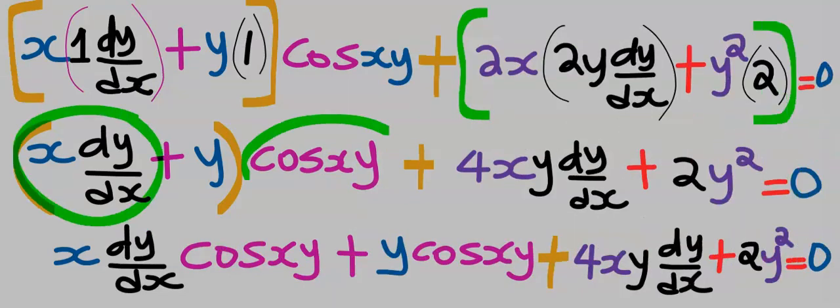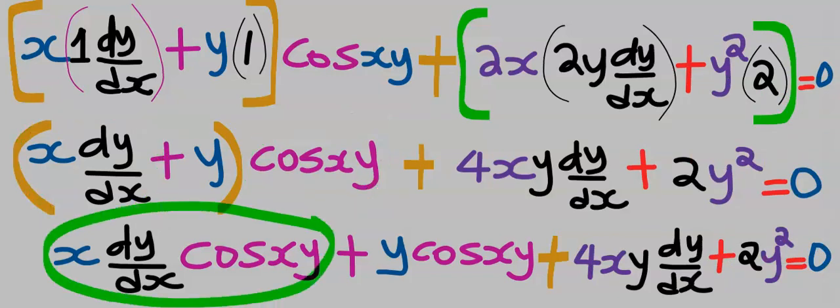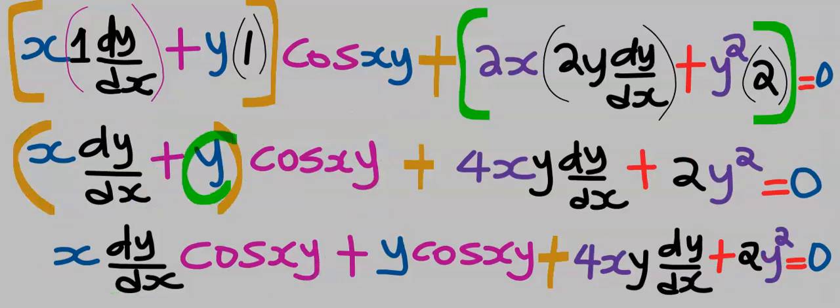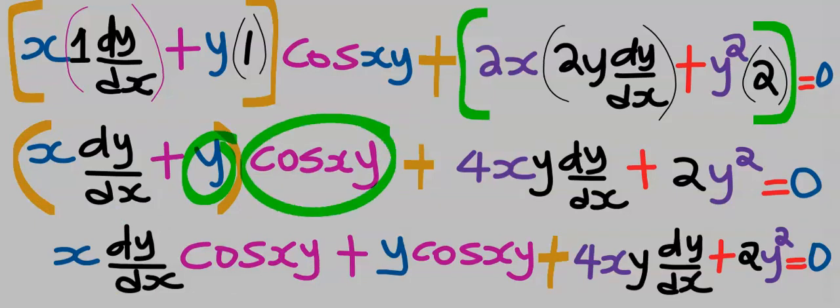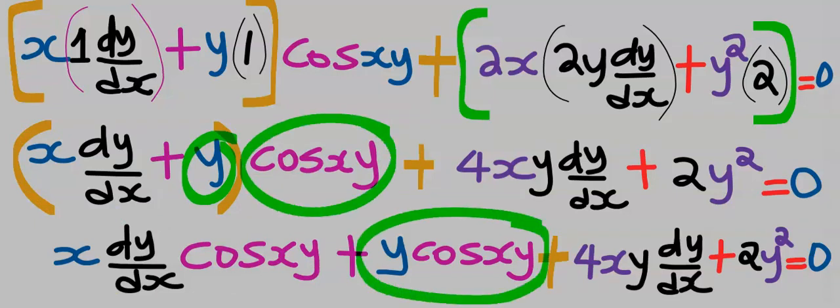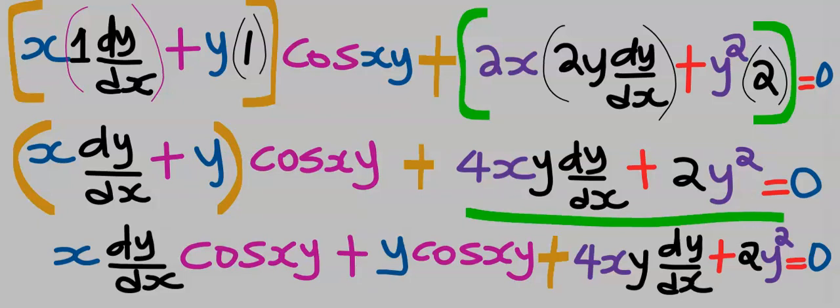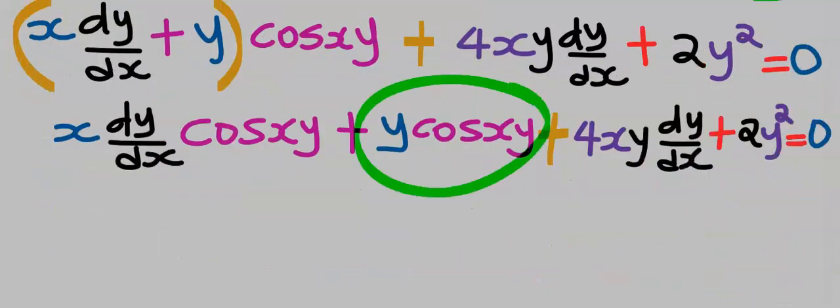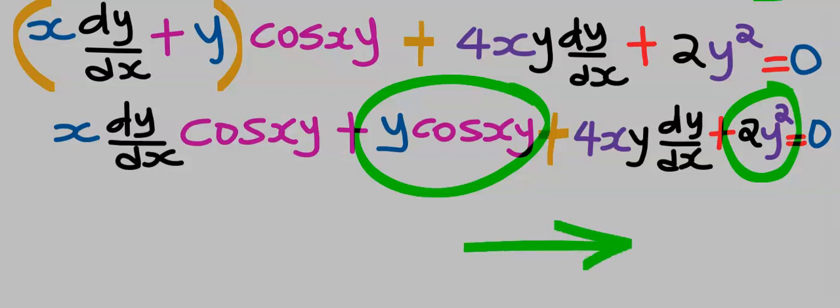This multiply by this, you will get this. Next, y multiply by this, and you're going to get this. And everything here remains the same. Next, this without dy dx and this without dy dx will move over to the other side of the equal sign.